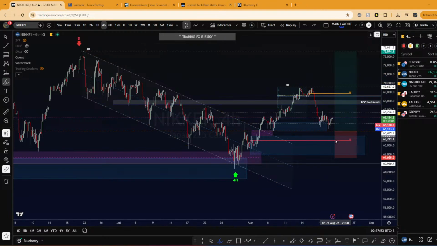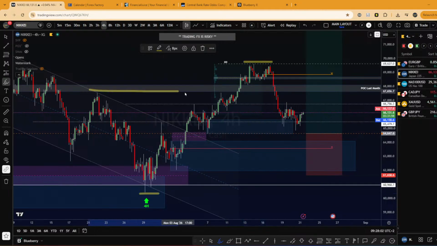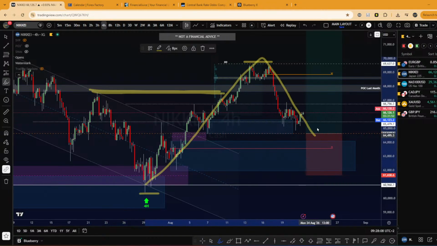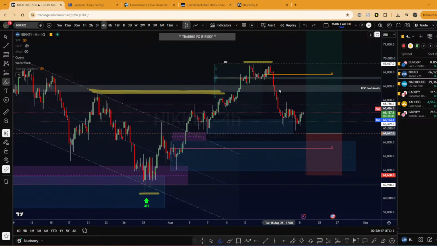That's what I am waiting for on Nikkei. So I'm bullish on 4 hour. I'm bullish from this low to this high because we broke above this level and close above this level. So this is my structure. So I want to see some confirmation here to buy again and target the all-time high again. Okay, so very interesting on Nikkei.